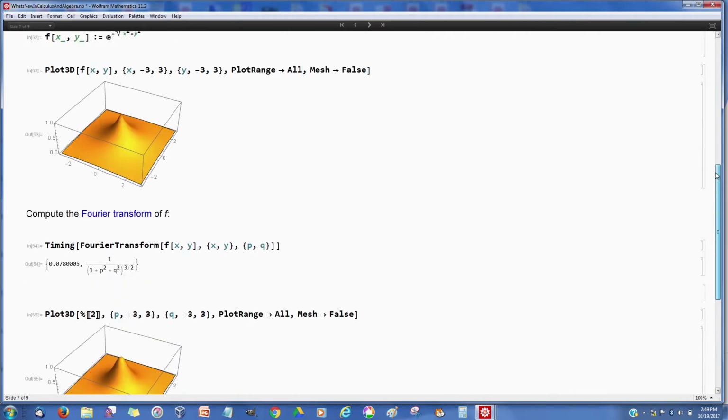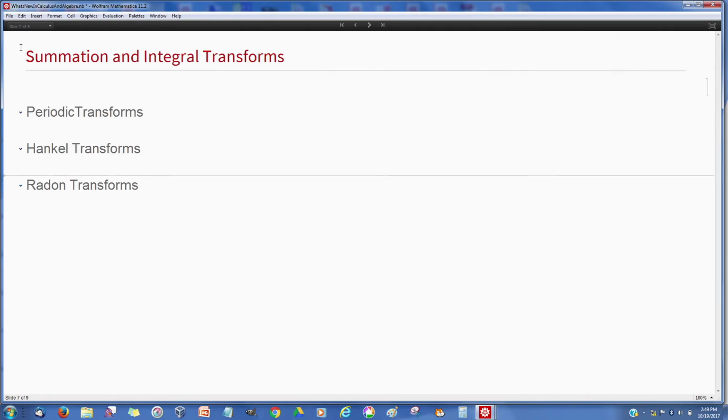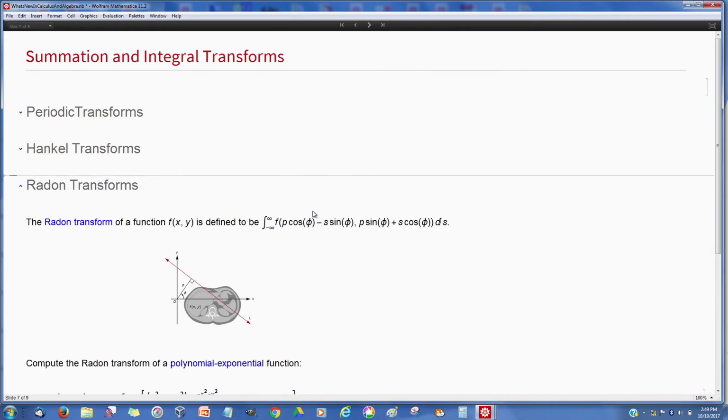Okay, so we did the Hankel transform, and then the question was what remains? Well, I had wanted to do the Radon transform for a long time. That's the one that determines the mathematics of the CT scans that people go through. And so the idea is very simple. You have, let's say, a section of your body, and you want to do a CT scan of it. So you send rays or whatever from various directions, and then you want to do the image reconstruction, and that's what the Radon transform does.